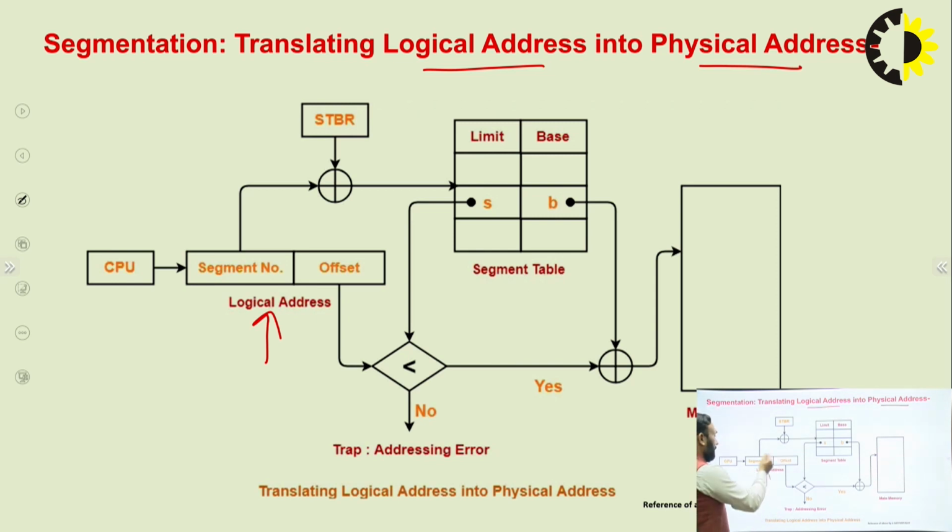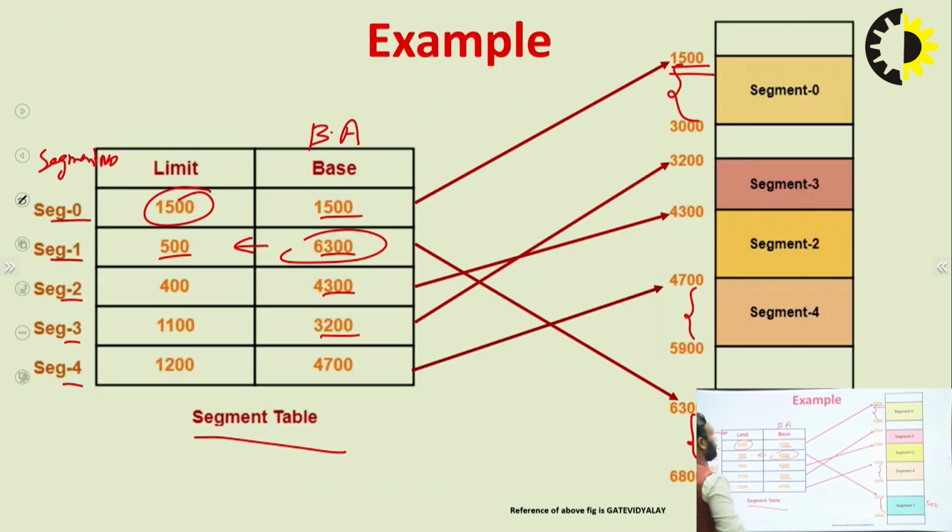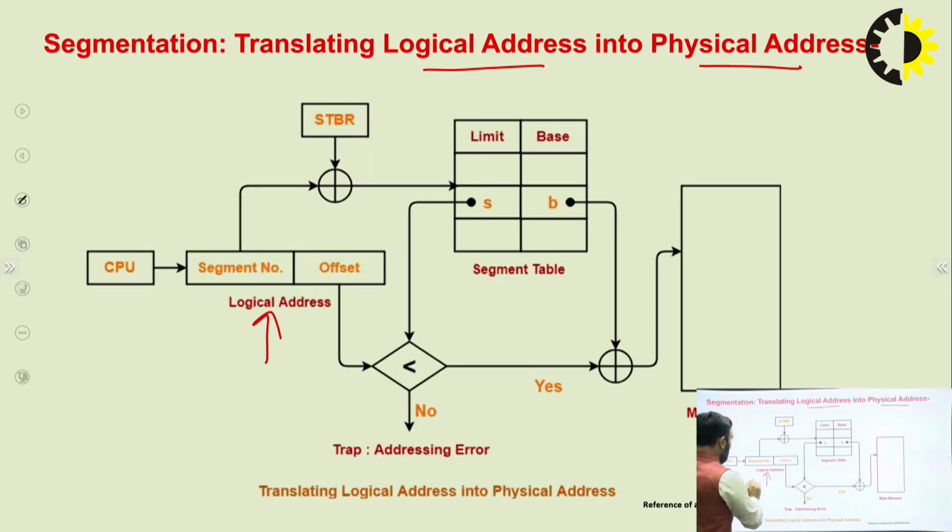For example, if we take segment 1 from the previous example, what is the limit of segment 1? That is 500. For example, the CPU calls segment 1 and the offset is 200. What is the meaning of 200? It means the CPU wants to read up to 200 lines of segment 1.